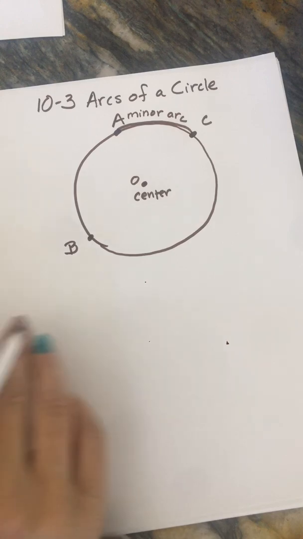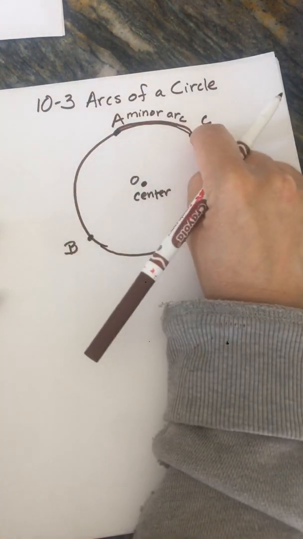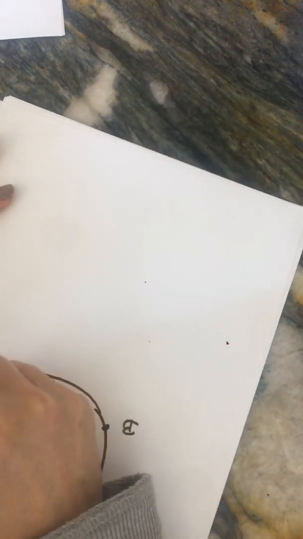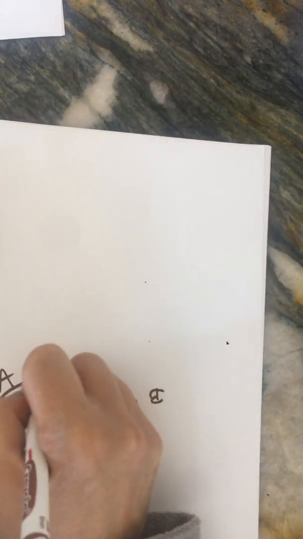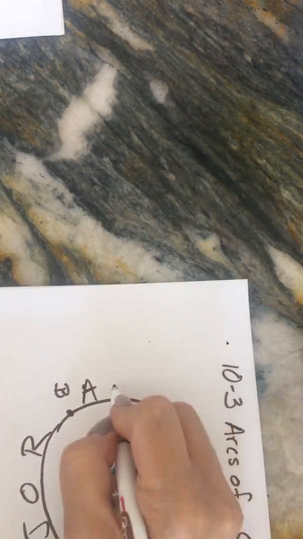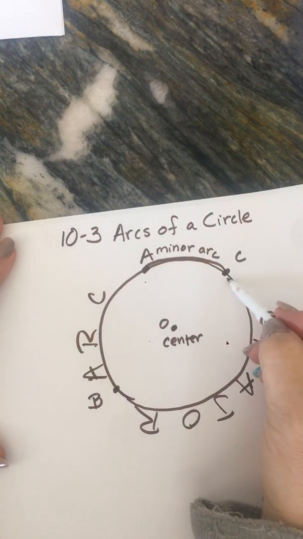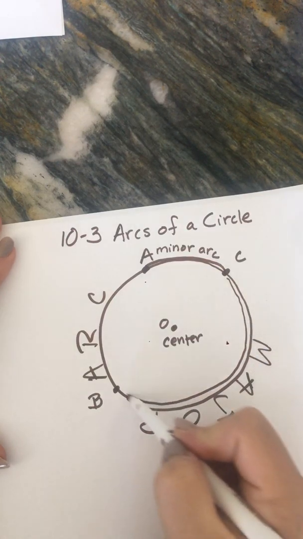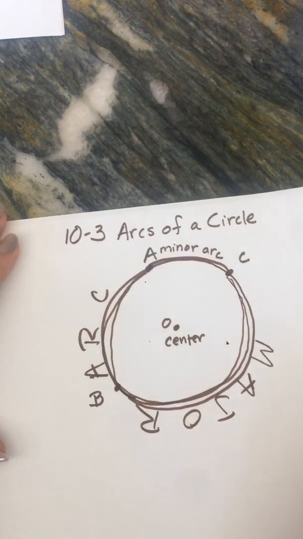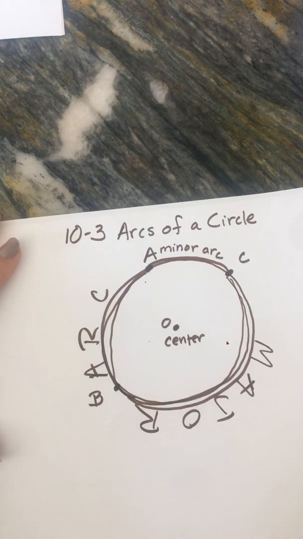Well, the major arc is going to be from A to C, but it's going through B. So your major arc is this guy here. So the major arc goes all the way around this way. So major is big, minor is small.